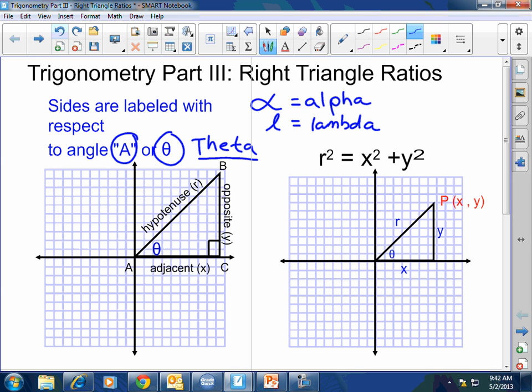From theta, this guy right next to it, that is the adjacent. In this particular case, the adjacent is the x, because it's the x-axis, or it's going to be parallel to the x-axis. All right? And across from the 90, we already know from the Pythagorean Theorem, is always the hypotenuse, which they call r. And it's called r, guys, because it's a radius.